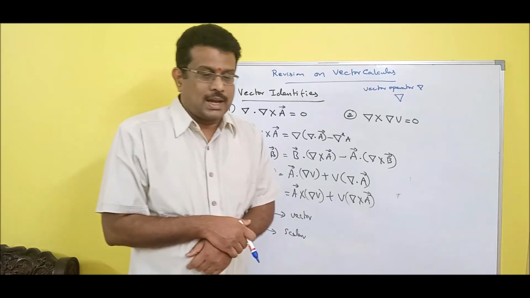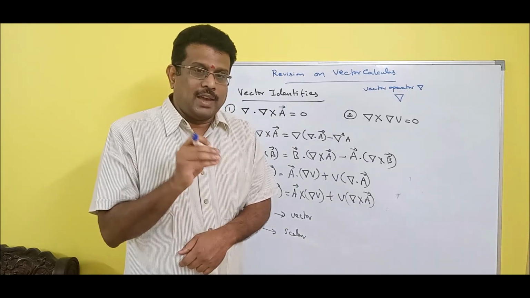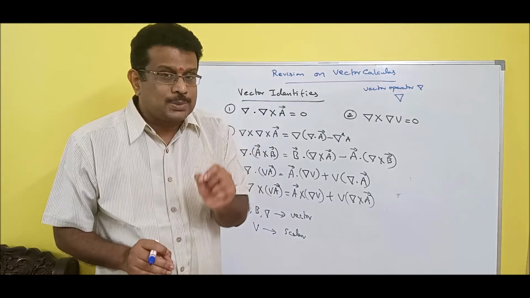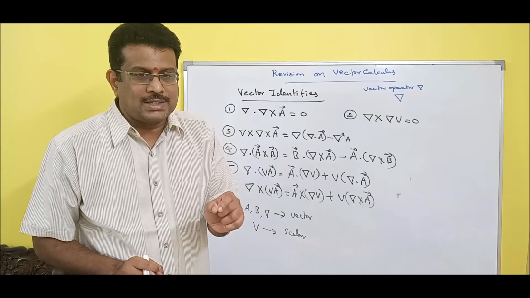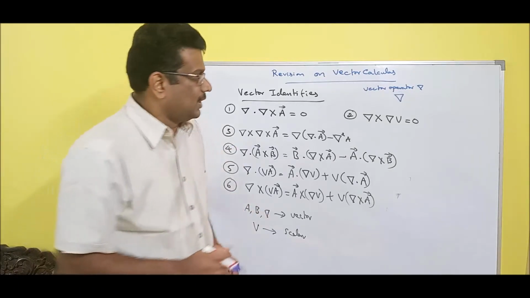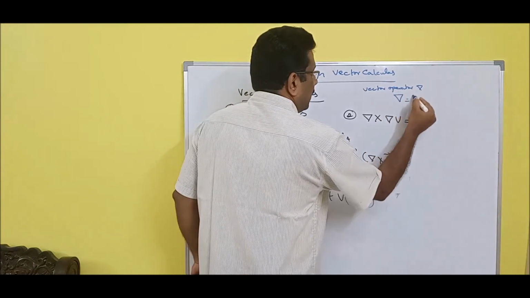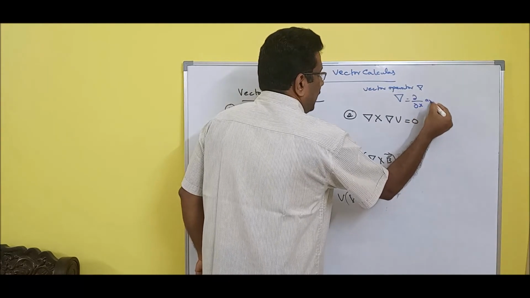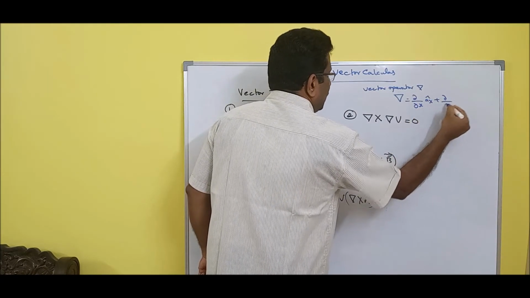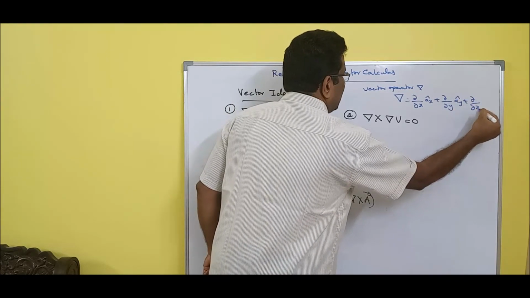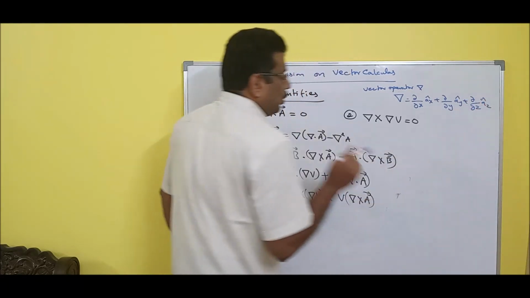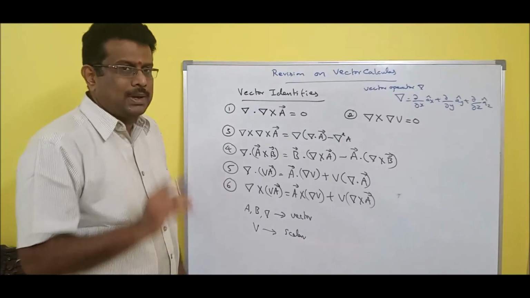So if I start changing like this, variation is there with respect to direction. The mathematical representation for a variation is differentiation, partial differentiation. So del is nothing but dou by dou x x cap. Please don't get shocked. This is a derivation which I will do later in module 1. Today is only a preliminary discussion.